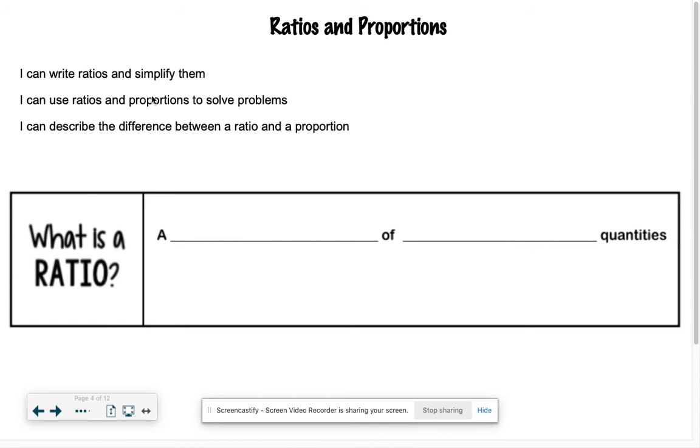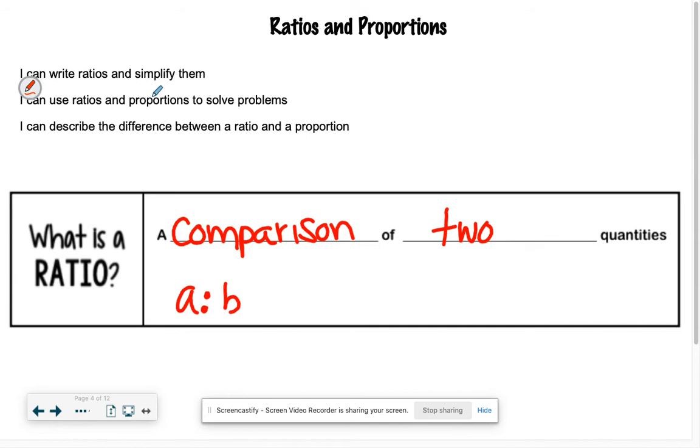But if we give it a definition here, it's just a comparison of two quantities. We're just comparing two numbers. There are a few different ways we can write it. You could write two numbers with a little colon between them.